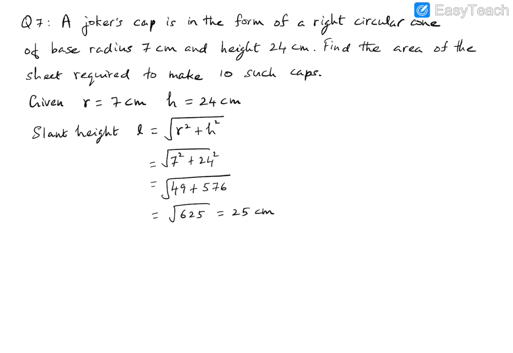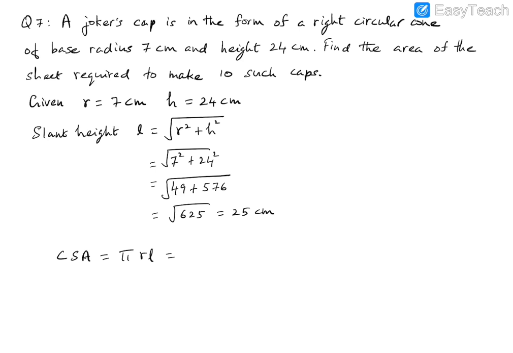From the slant height of the conical shape, we can now calculate the curved surface area. So we can write the curved surface area, CSA, and the formula for that is pi r L, and we can substitute the values of r and L and pi and get the value for the curved surface area.